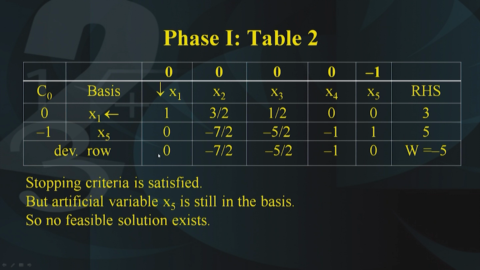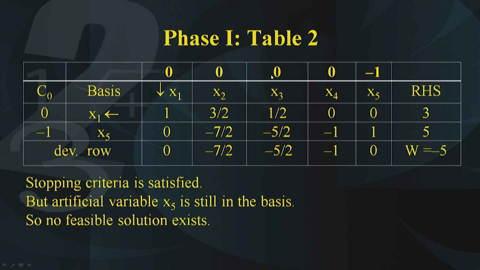Now, you will observe that since x1 is a basic variable, the entry corresponding to x1 should be 0. Similarly, since x5 is also a basic variable, the entry corresponding to x5 should also be 0, whereas the other ones we need to calculate. So, for x2 we have 0 minus 0 minus 1 multiplied by 3 by 2 minus 7 by 2, which comes out to be minus 7 by 2.